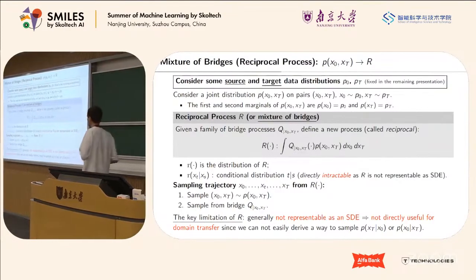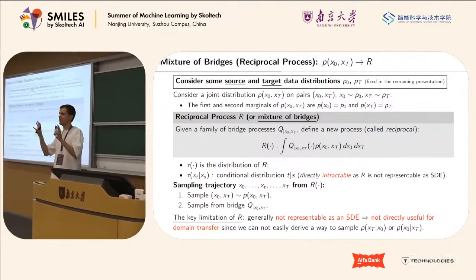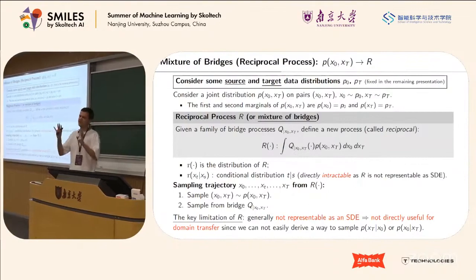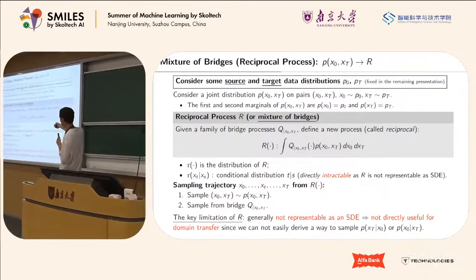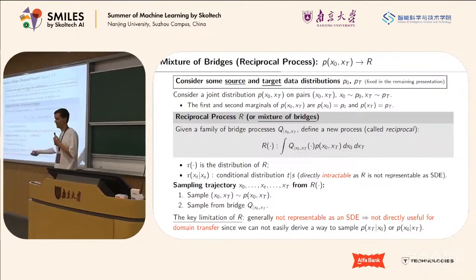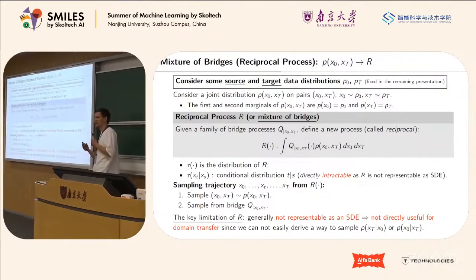Suppose that you have some coupling of two probability distributions, like input data and target data. For example, it can be just independent, a product of the distribution of one data and another, or any other. We'll start with just general couplings. We are going to build the following stochastic process, which is called the reciprocal process. Its trajectories are defined in the following manner.